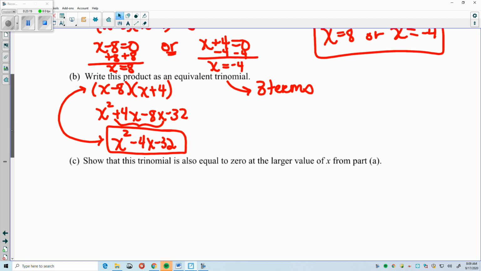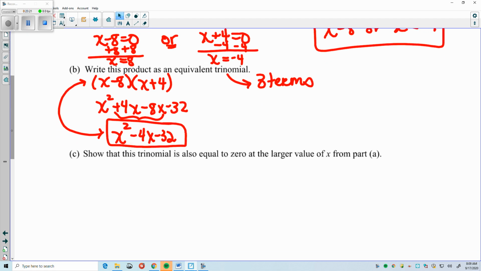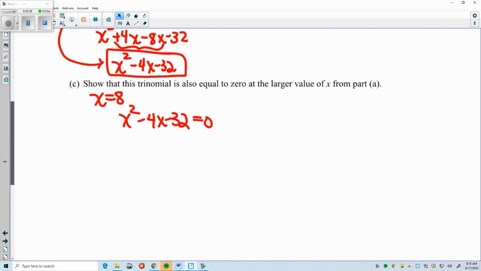And now it's saying, show that this trinomial also equals 0 at the larger value of x from part A. Well, our larger value of x was 8. Okay, so I have to show that this, x squared minus 4x minus 32, also equals 0 when x is 8. In other words, plug in 8 and simplify.